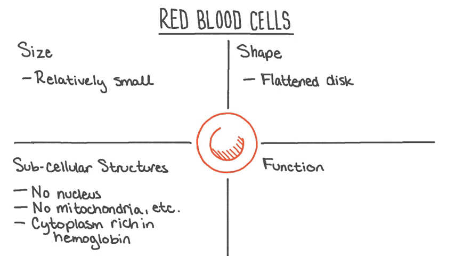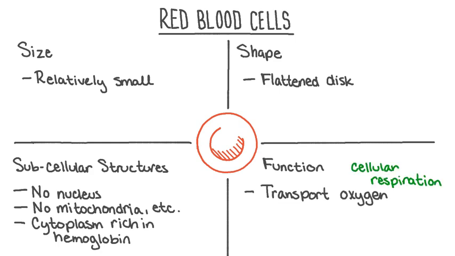Hemoglobin is a large, iron-containing protein, which is able to transport oxygen, and transporting oxygen is the primary function of the red blood cells. These cells are responsible for carrying oxygen from the lungs to the tissues of the rest of the body, where it's used in cellular respiration to generate cellular energy.